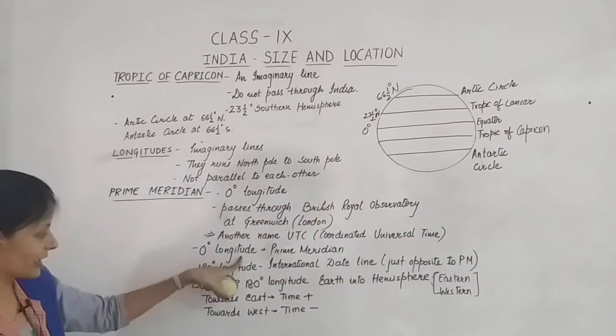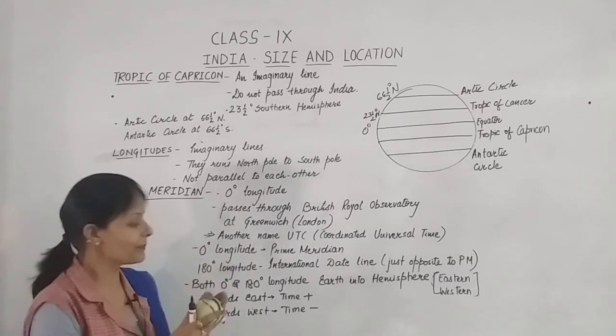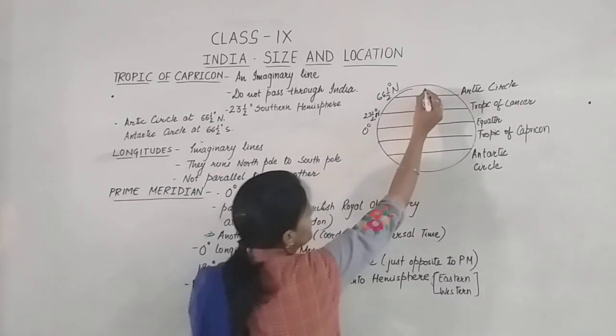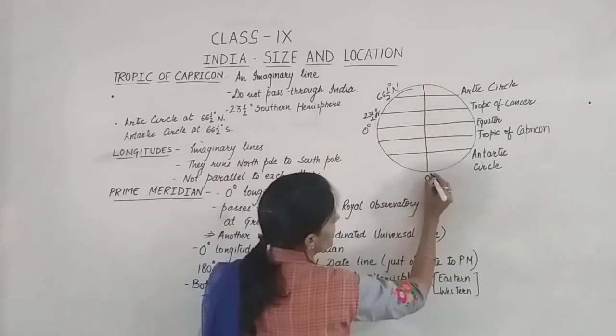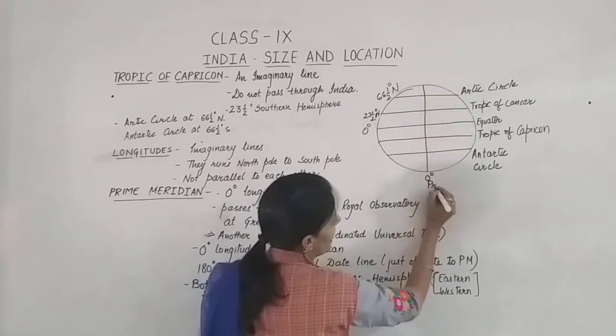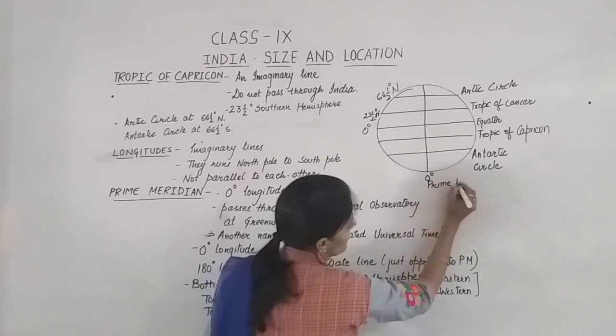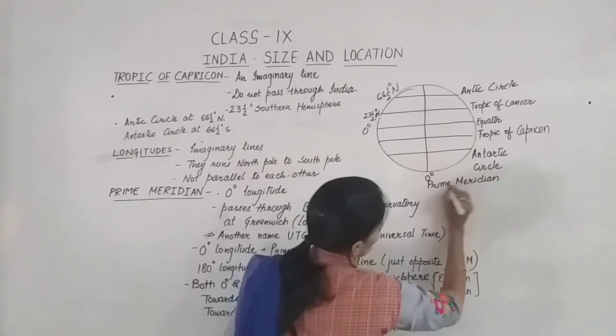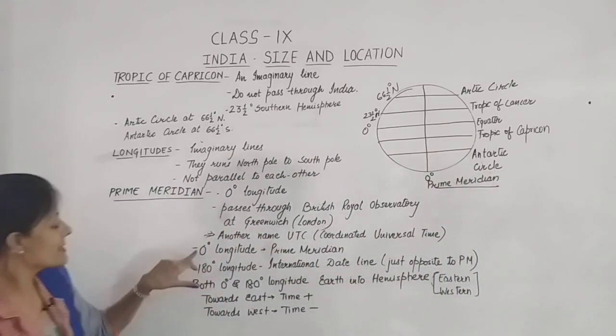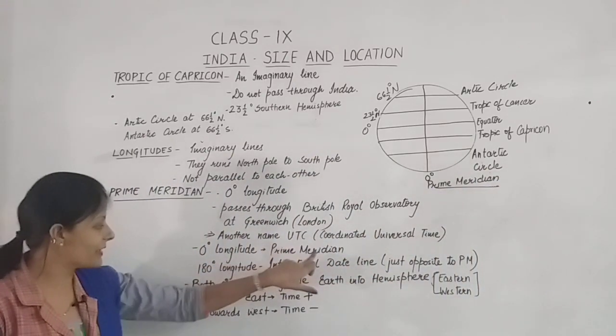See, this is 0 degree longitude and this is also known as the prime meridian. Clear? 0 degree longitude, prime meridian.